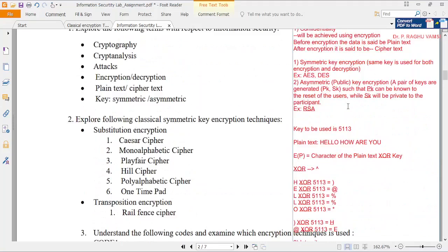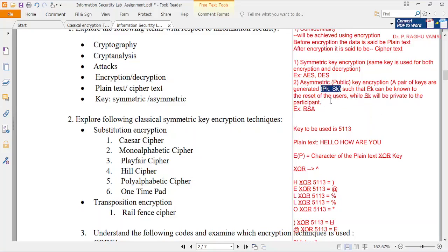One more thing: whenever these public key algorithms are there, the pair of keys, public key and secret key, are individual to each user, and both keys can be used for both encryption and decryption. Whenever you do encryption using the public key and decryption using the secret key, it is said to be asymmetric key encryption.